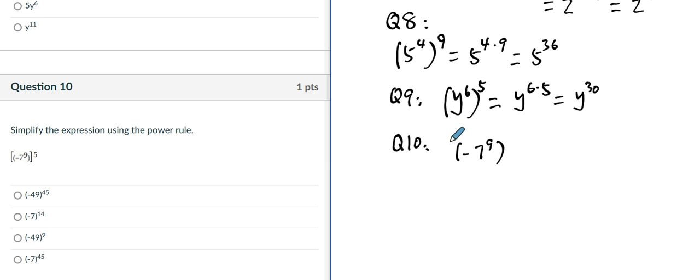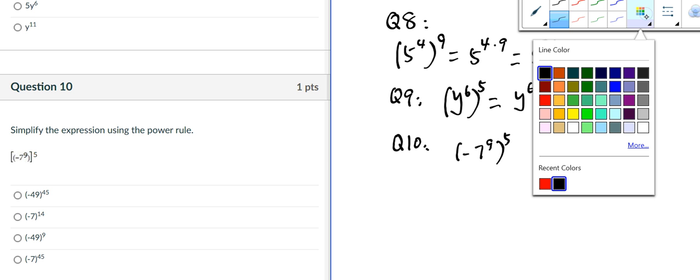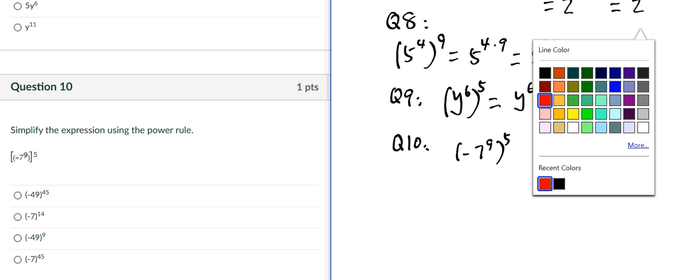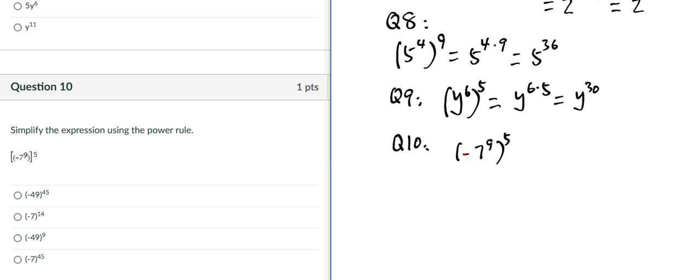You may put square brackets over there, but basically this is the same thing. Now, this is a negative number. Negative in front of it, and then this one.